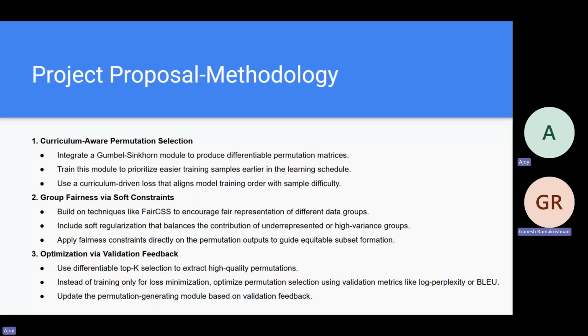Would you suggest something? Yeah, I think so. Since you brought up curriculum, you can try this setup in terms of your project. You have batch-wise training samples, and you're selecting samples from that batch using Gumbel Sinkhorn, because your batches are matrices also. You are selecting permutation matrices over that with some samples.